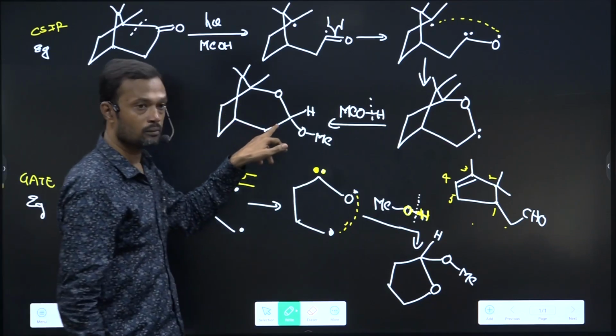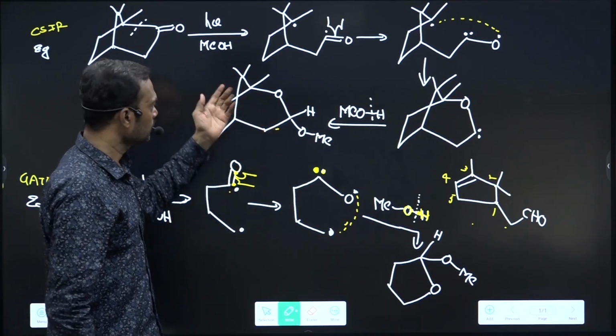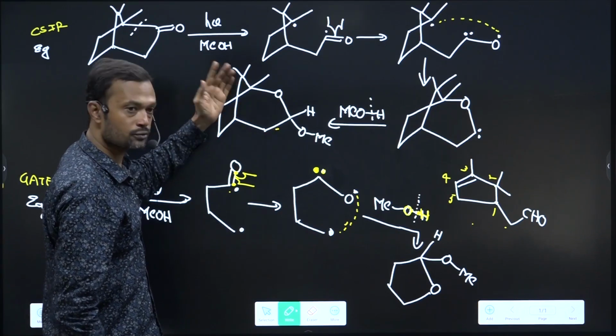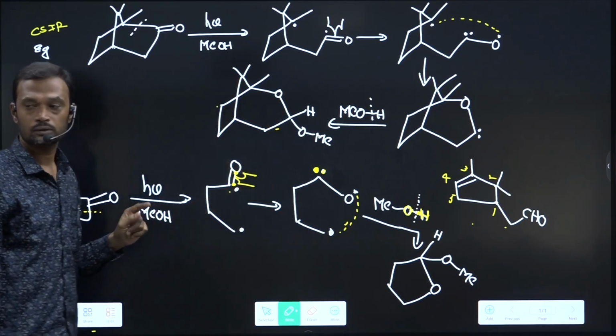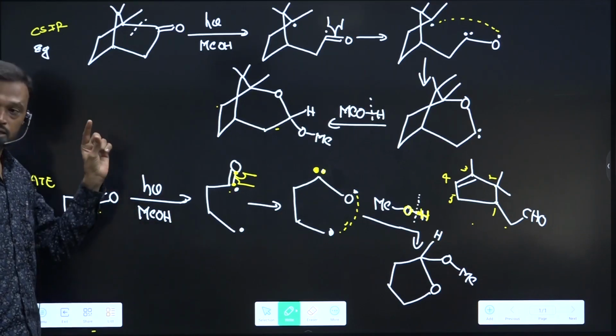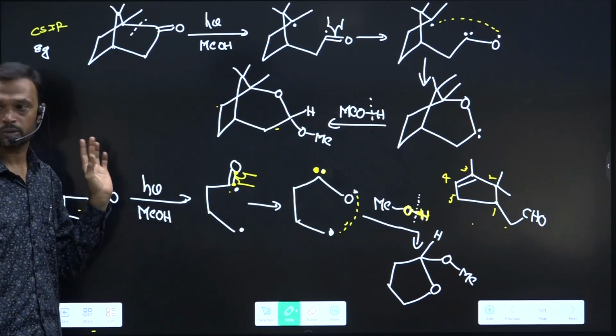What about here? Left side 1, 2, 3, 4, 5. Left side 5 membered, right side 6 membered. Okay? So when this is a condition, on that time it is possible.